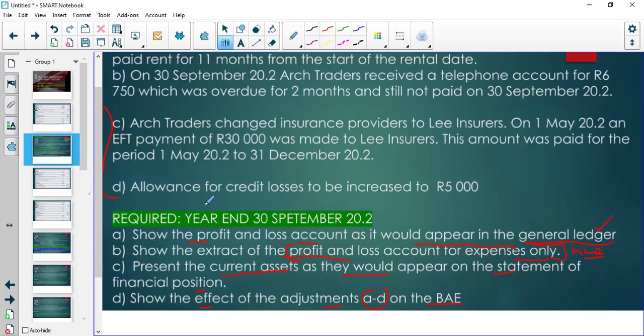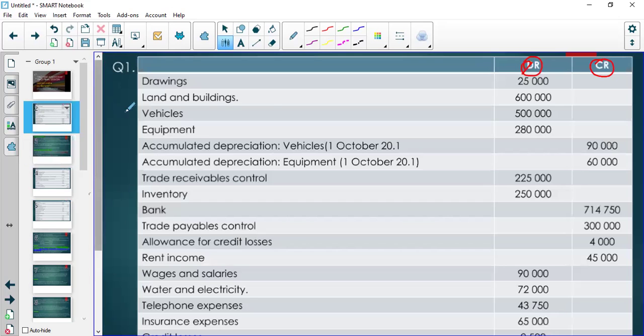So we remember that here we need profit and loss items, as well as current assets. That's the importance of knowing, remember, we have 5 elements. When we look at profit and loss, we're looking at income and expenditure.